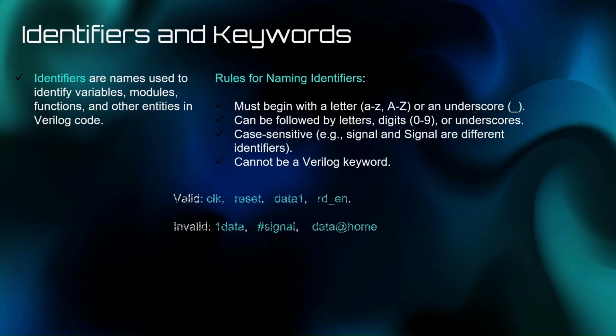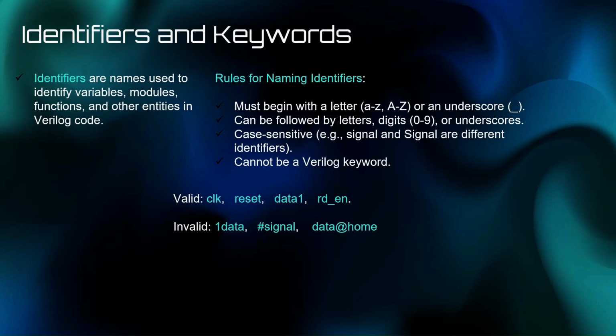In Verilog, some identifiers are valid while others are not. For example, valid identifiers are clk, reset, data1, and _n. These names follow the rules for identifiers. On the other hand, invalid identifiers include 1data, #signal, and data@home.